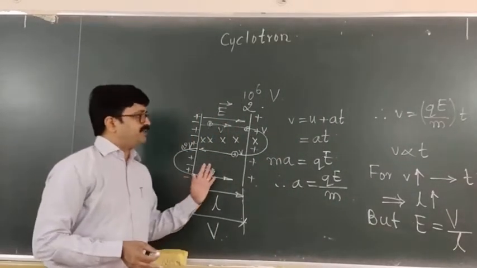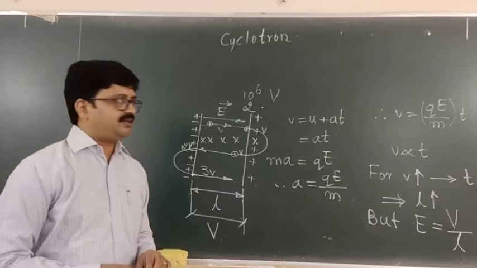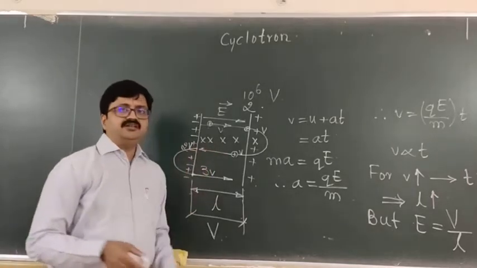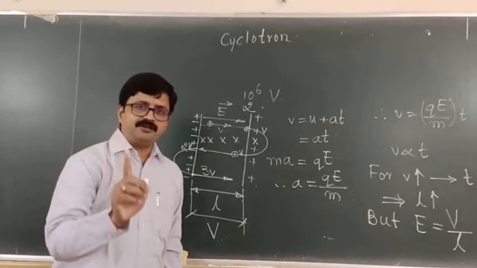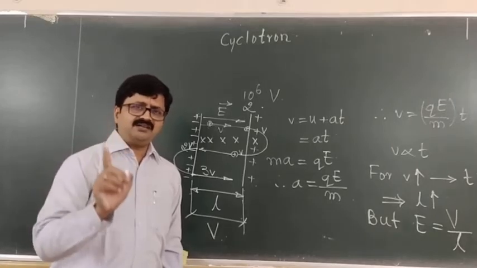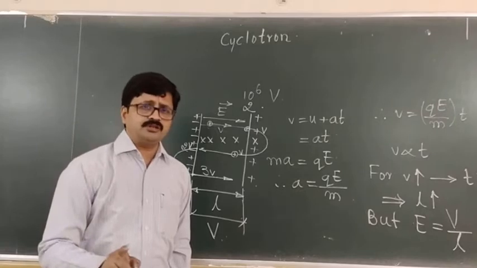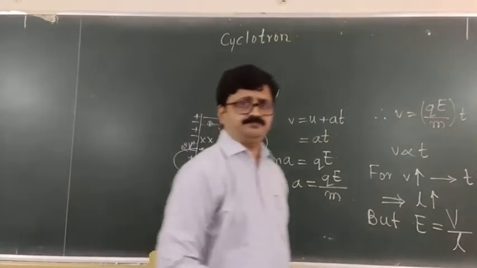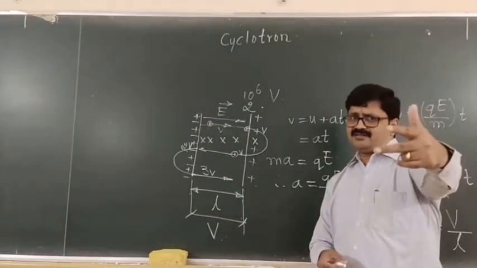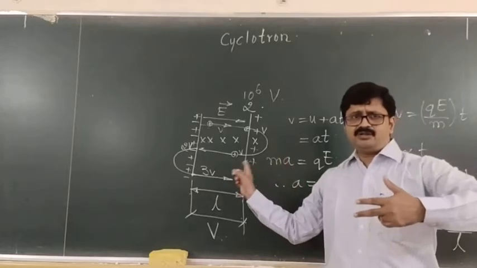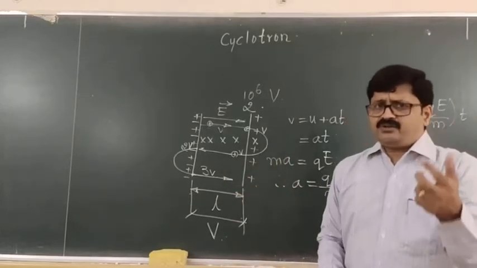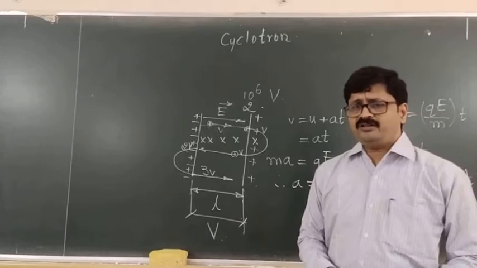So hence, what is the principle of working of a cyclotron then? The electric field accelerates the charged particle and the magnetic field induces a uniform circular motion to the charged particle. Okay, now these are the two things that are involved in this working. So a cyclotron works on the principle of what?